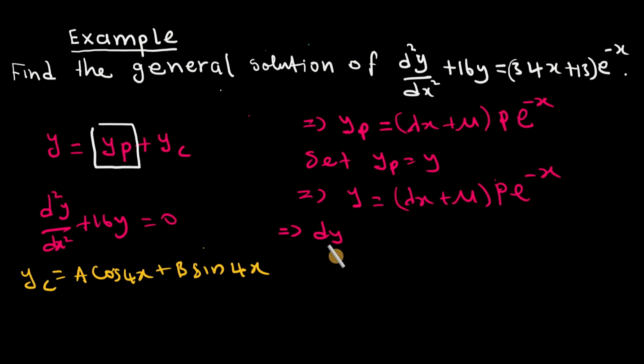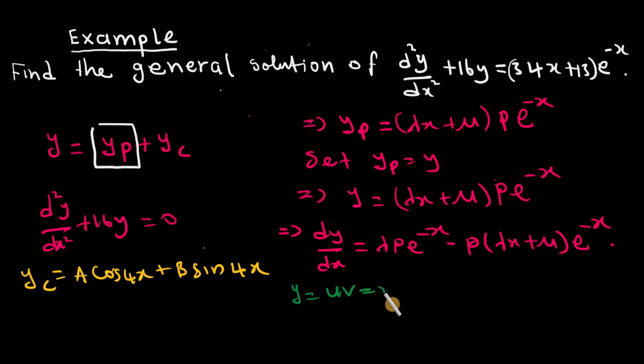That means dy/dx from here is lambda p e to the minus x minus p into (lambda x plus mu) times e to the minus x. You know, from the product rule of differentiation, if y equals uv, then dy/dx will be equal to v du/dx plus u dv/dx.